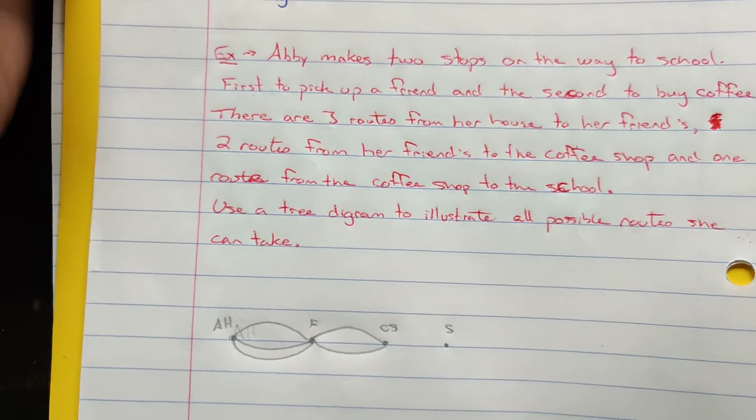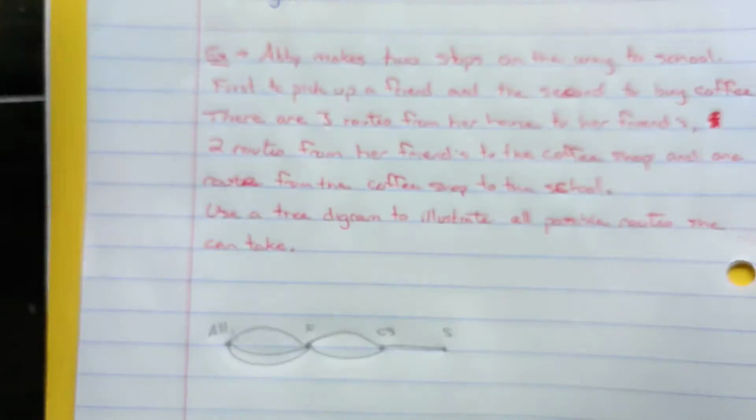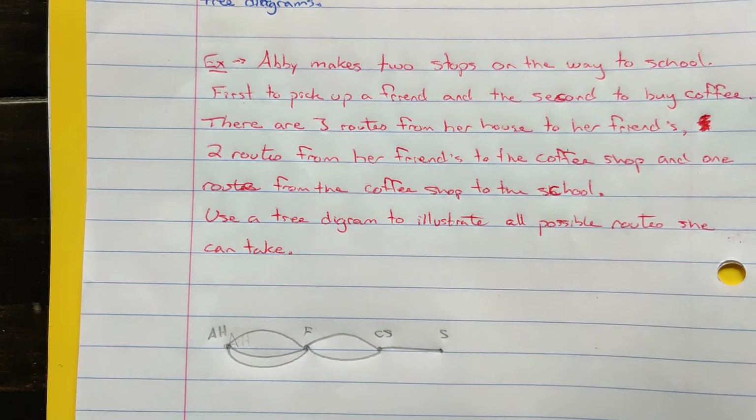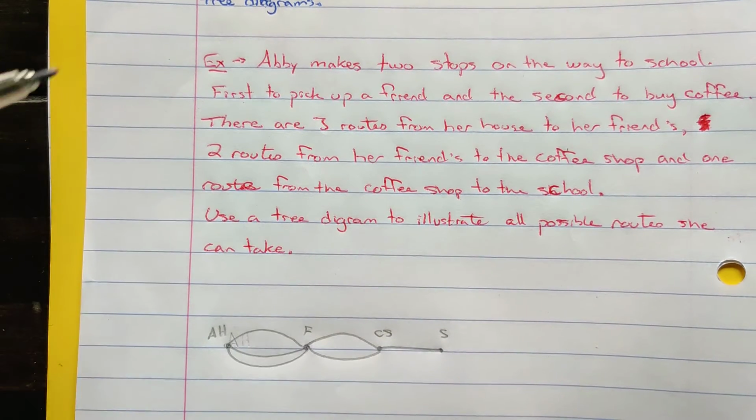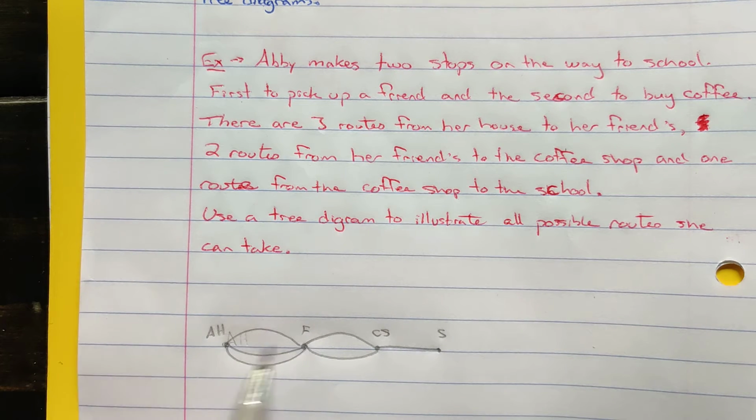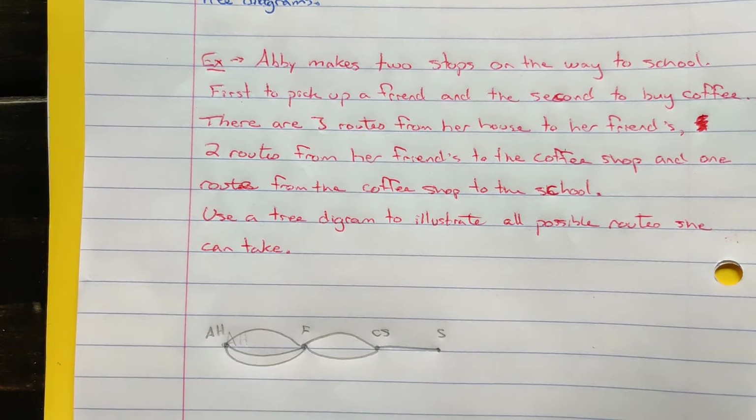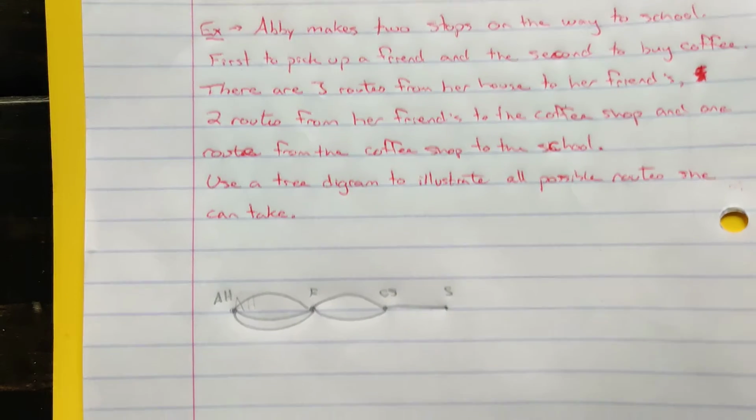And then to school, there was only 1 possible route, so we can just go straight to school. So that would map out all the different routes that she could take. We're not actually looking at a map as in the map on the ground. We're just looking at the actual roads and streets she would travel, just a generalization. So there's 3 paths, 2 paths, and 1 path between these different places.